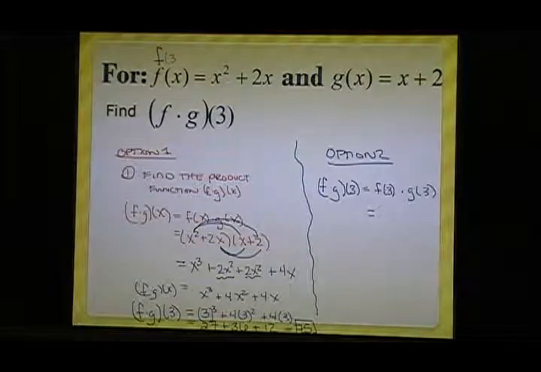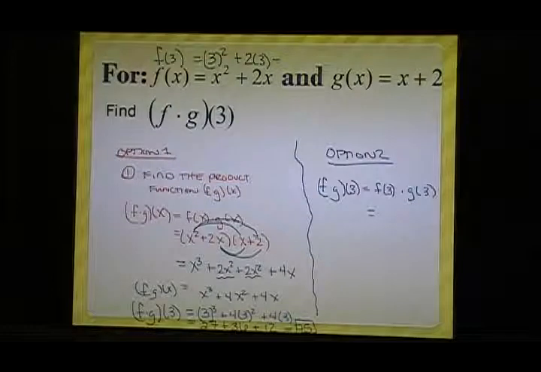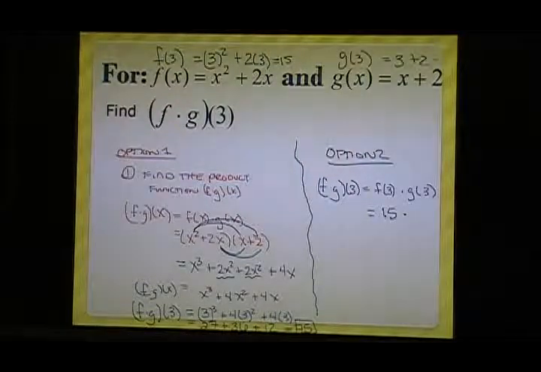So f of 3 is 3 squared plus 2 times 3, and 9 plus 6, that's 15. So f of 3 is 15. G of 3, we've got 3 plus 2, and that's 5. So 15 times 5, we get 75 doing it that way as well.